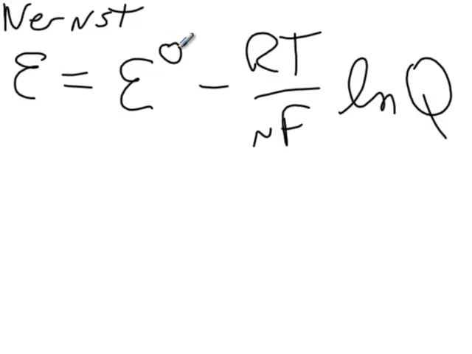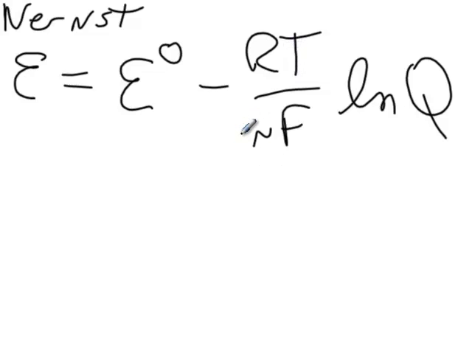Standard conditions for electrochemistry include a temperature of 25 degrees Celsius and 1 molar concentration of solutions. So if we don't have those things, we need the Nernst equation, where R is your basic gas law R, 8.3144. Temperature is, of course, in Kelvin.